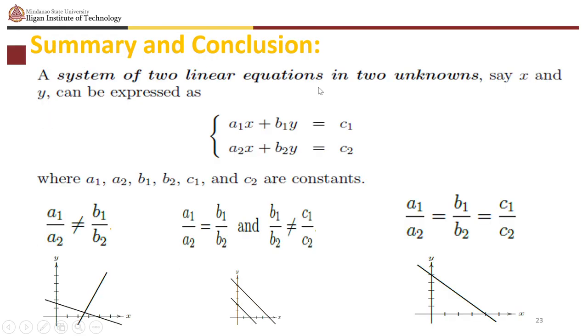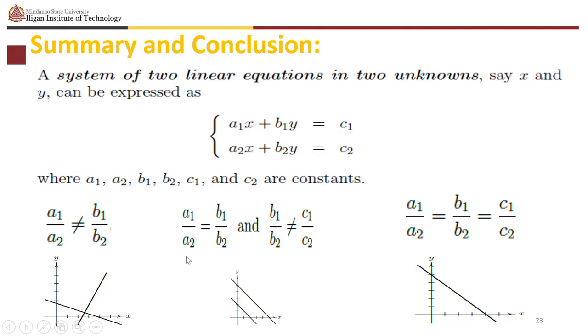So we have here the summary: a system of two linear equations and two unknowns. If you are given such equations, a sub 1 x plus b sub 1 y equals c sub 1, and a sub 2 x plus b sub 2 y equals c sub 2, where a sub 1, a sub 2, b sub 1, b sub 2, c sub 1, and c sub 2 are constants, such that a sub 1 over a sub 2 is not equal to b sub 1 over b sub 2, we have a unique solution.